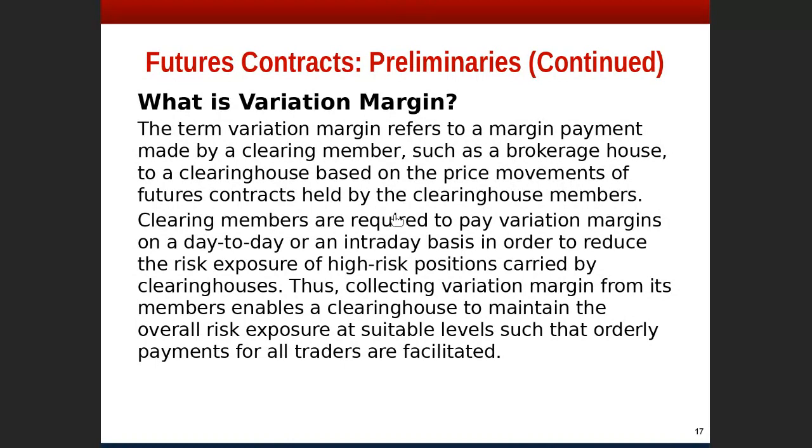Now, clearing members are required to pay variation margins on a day-to-day or an intraday basis in order to reduce the risk exposure of high-risk positions carried by clearing houses. Thus, collecting variation margin from its members enables a clearing house to maintain the overall risk exposure at suitable levels, such that orderly payments for all traders are facilitated.